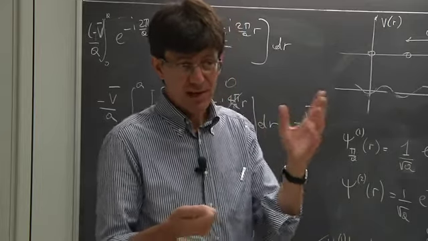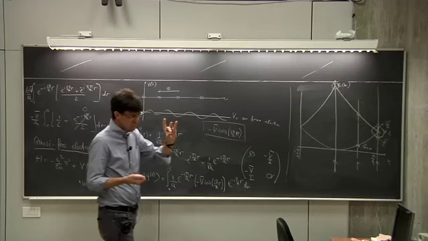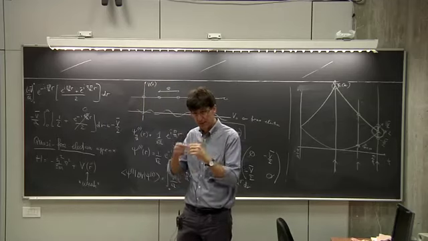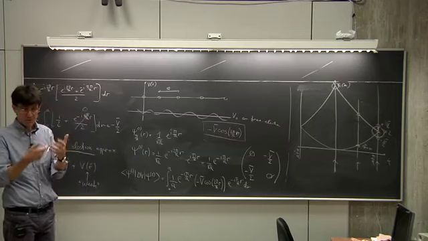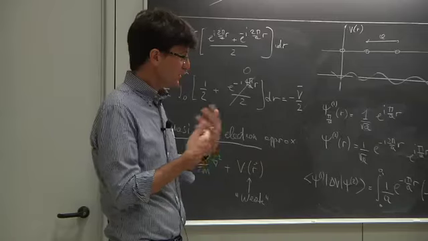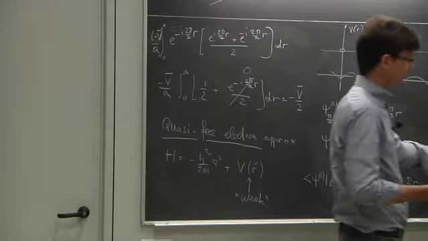Degenerate, right? Because as long as these two states are close enough that they are below the splitting that you're going to apply, you need to consider them as degenerate. You need to solve the problem by considering them explicitly like we did here.